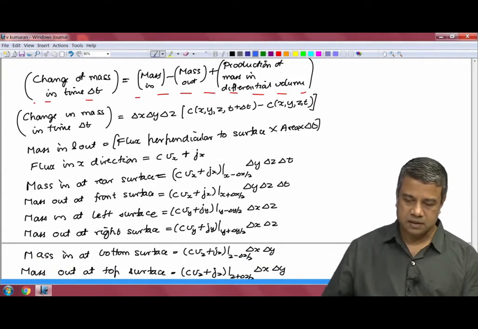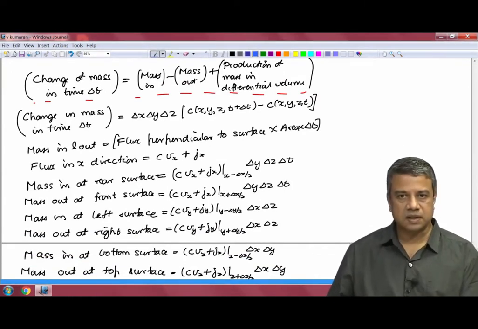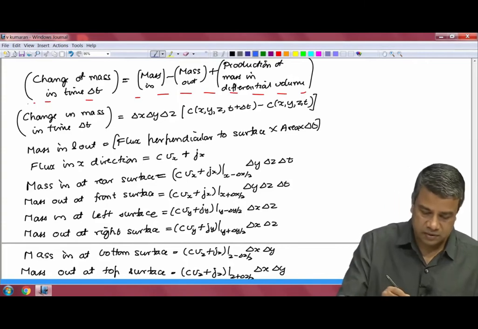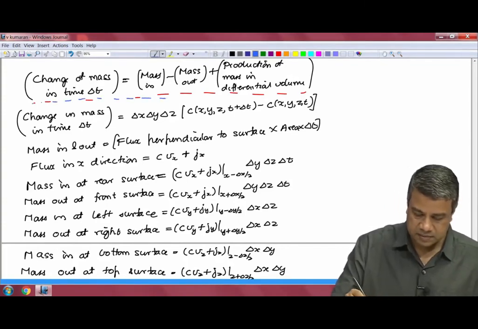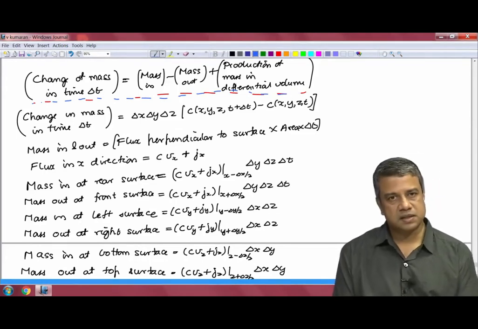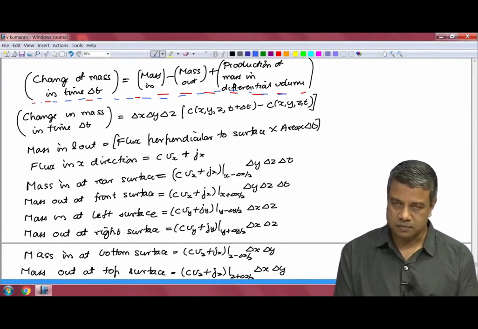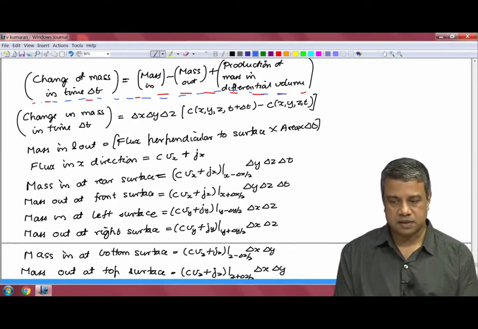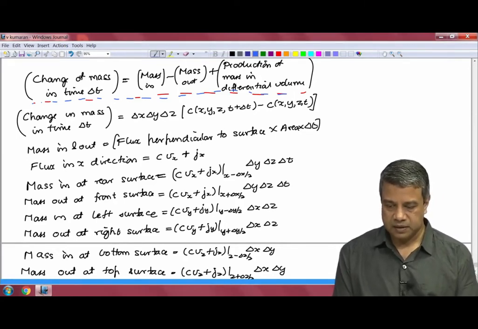The equation is what we had used earlier in a one dimensional coordinate system, except that this is now being written for 3 dimensions. Change in mass in time delta t is equal to mass in minus mass out plus production of mass in the differential volume. We had expanded out each of these terms.